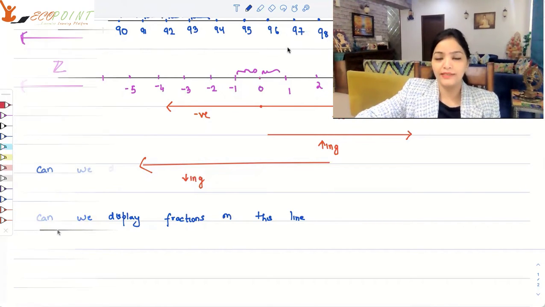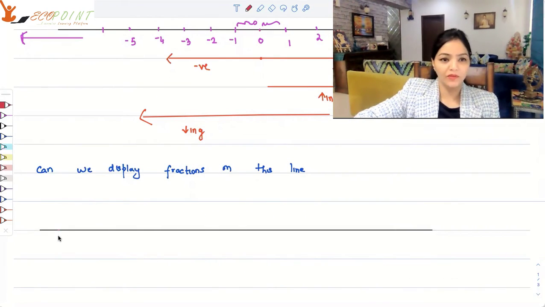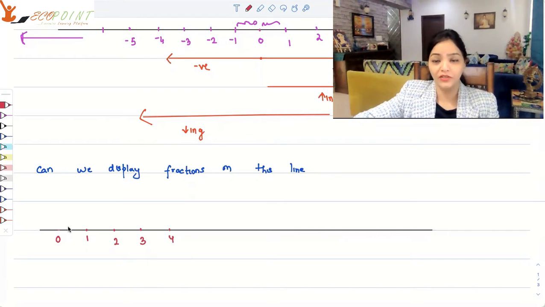So let me give you an example. Suppose we have 0 here, 1 here, 2 here, 3 here, 4 here, and so on. I'm not writing down more numbers out here. Suppose I want to display fractions.